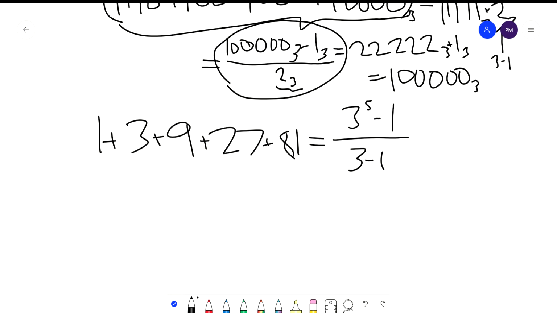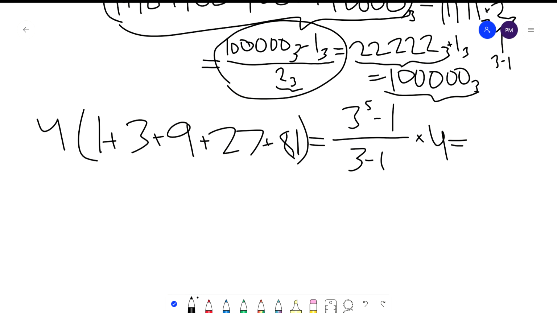Because if you multiply it by, say, 3 or something else like that, then it wouldn't have the property that it's 1 less than this special number. So now we have that, and since we can't forget about our 4 that was there, we can just multiply both sides by 4. So we have that this is our sum.